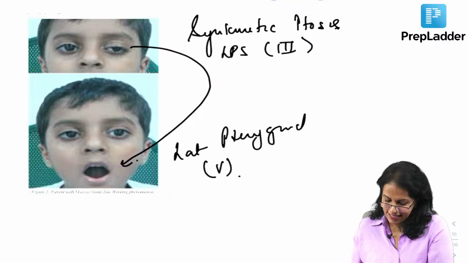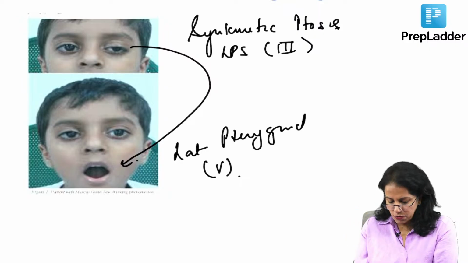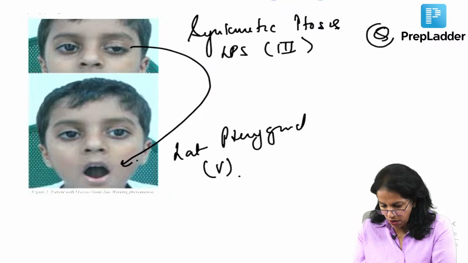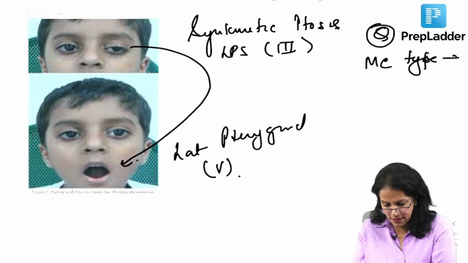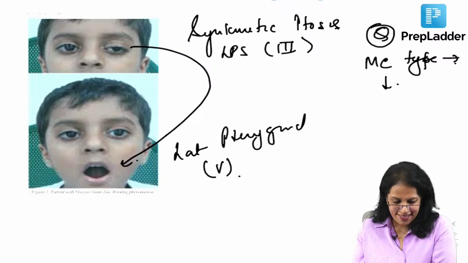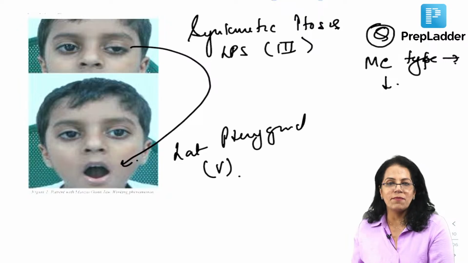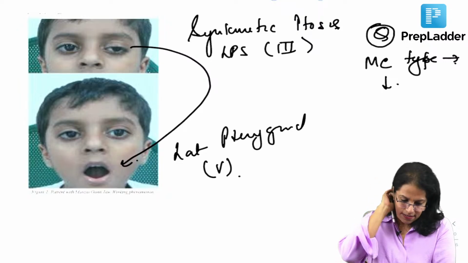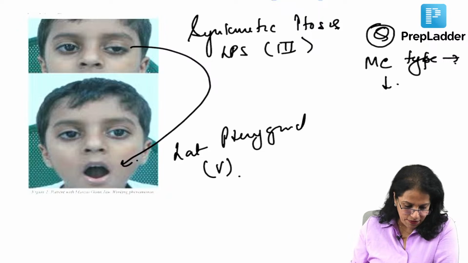Okay. One or two more questions on this topic. What is the most common type of ptosis? What will you answer? What have you read? Tell me. So what is the most common type of ptosis? I think I'll wait for this.